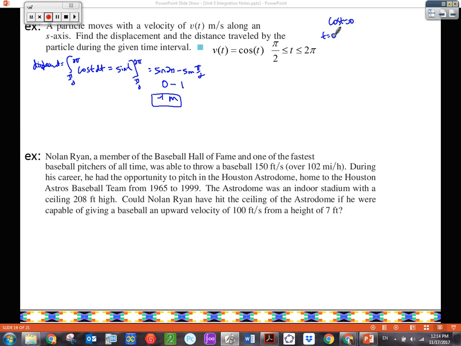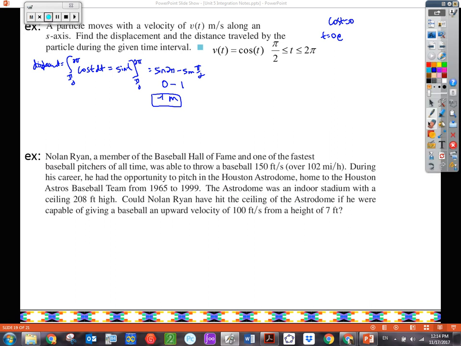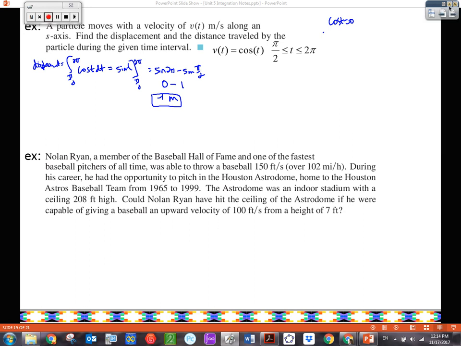Cosine is 0 at pi over 2, so t is pi over 2 or 3 pi over 2. We're just worried about this interval right here. So we need a sign chart starting at pi over 2, then 3 pi over 2, and then I'm stopping at 2 pi. It's not really a critical number, but that's the end of my domain, so let's just stop right there.